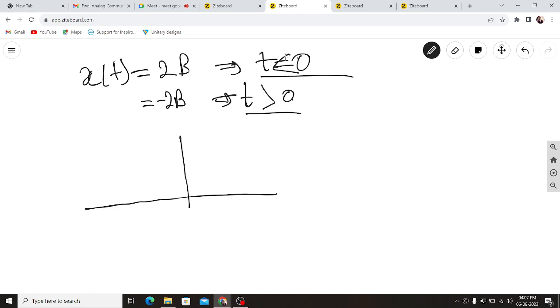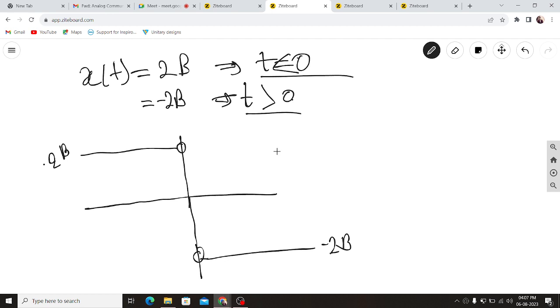For t less than 0, it is 2b level, and for t greater than 0, it is minus 2b, and here is a discontinuity.